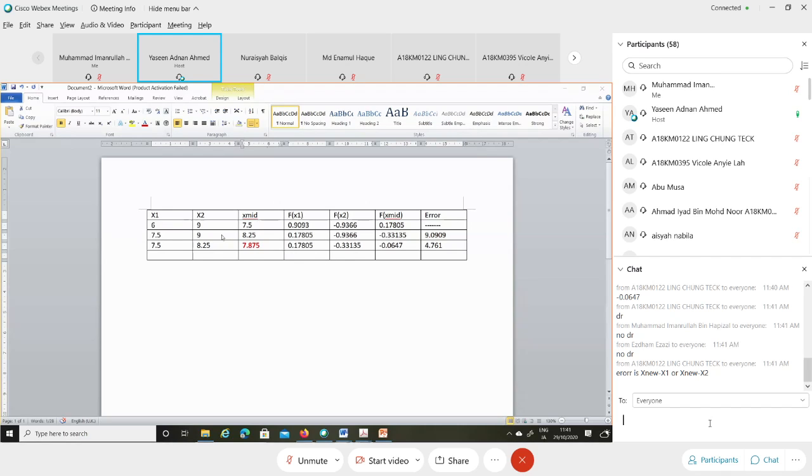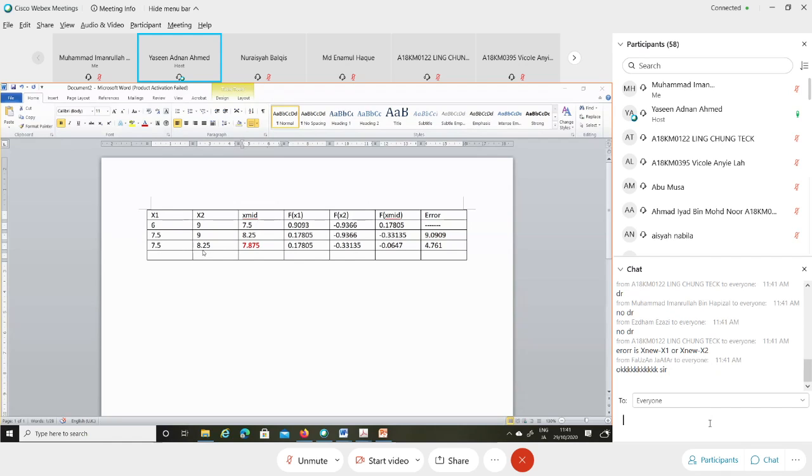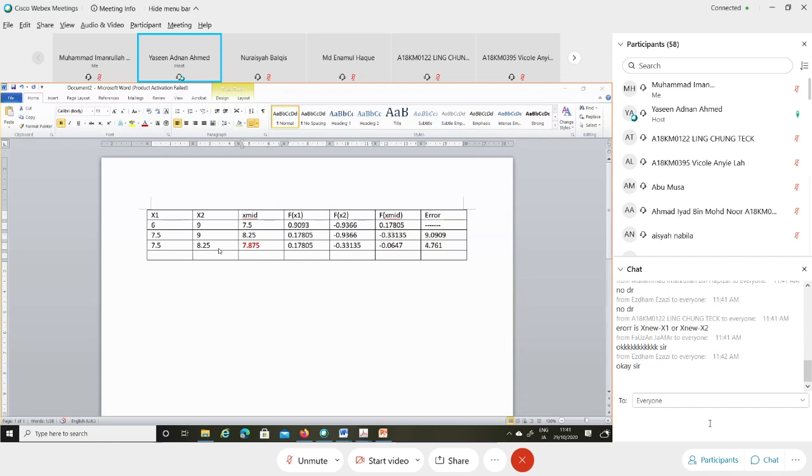You need to decide the latest shifted value, because sometimes you have x1, sometimes you have x2. It depends. Shifted value in this case is 8.75, but before that is x2, but before the shifted value was 7.5, that was x1. So you cannot fix x1 or x2. You have to decide. Okay, so done. Bisection method already done.